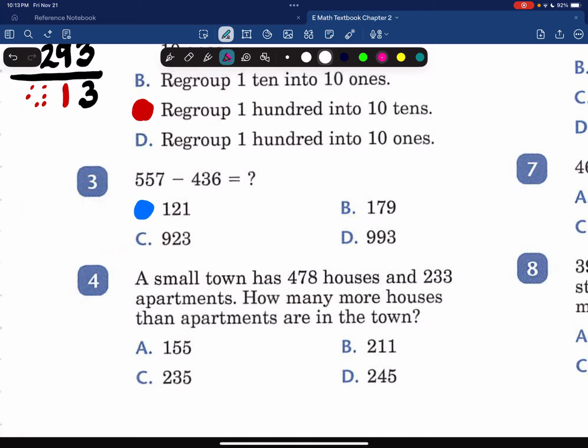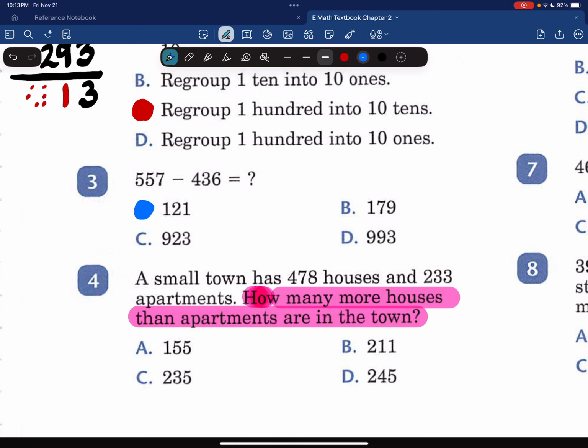All right, the next one is a word problem. So let's treat it as we do all word problems. A small town has 478 houses and 233 apartments. Here comes the question. How many more houses than apartments are in the town?